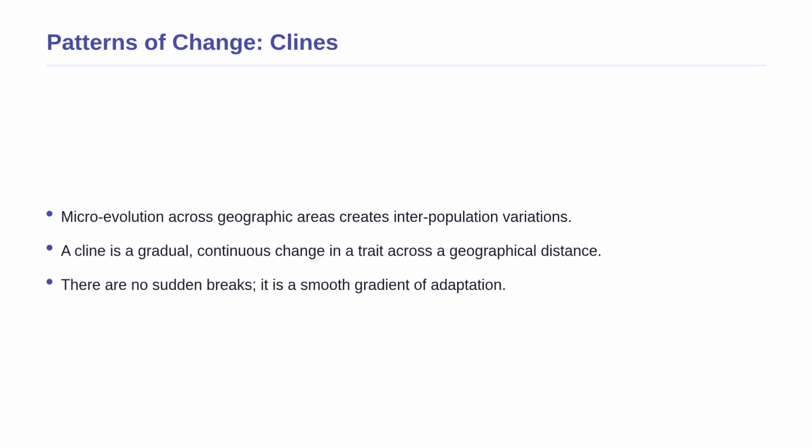For example, mammals of the same species might have progressively thicker fur as you move from the warm equator toward the freezing poles. There are no sudden breaks or borders here. It is a smooth, continuous gradient of adaptation to changing environmental factors, like temperature.